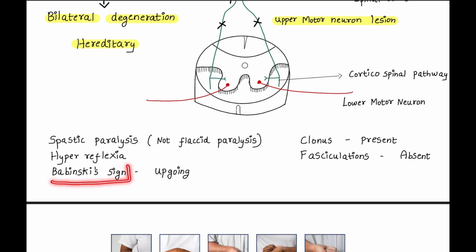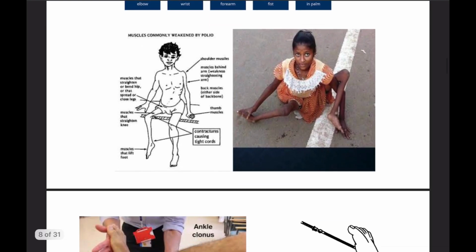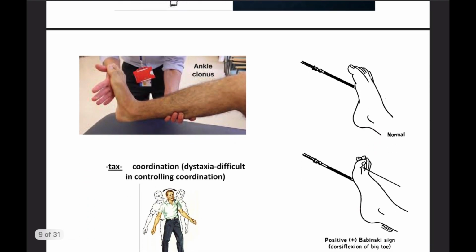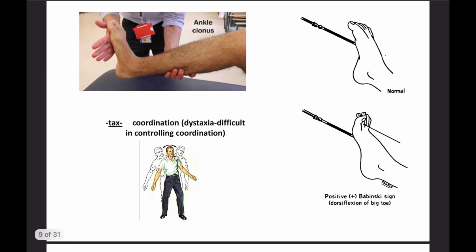Babinski sign. What is a Babinski sign? If you stroke with a pencil or any object under the sole of the patient's foot, and the toes go downwards, then it is normal. If the big toe goes upwards and the remaining toes go downwards, then it is abnormal, and it is known as a positive Babinski sign.